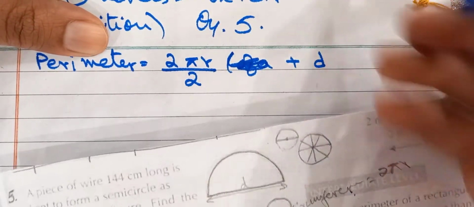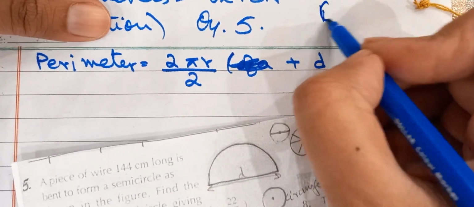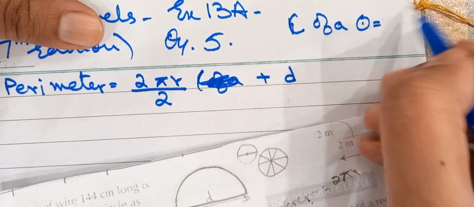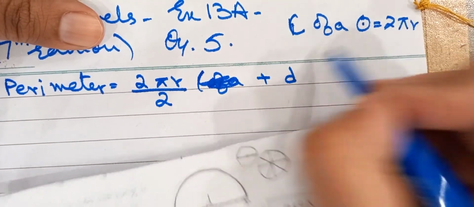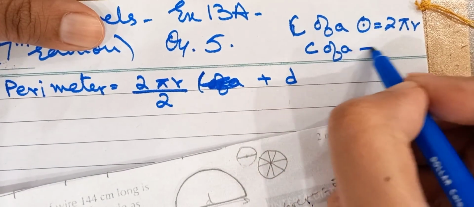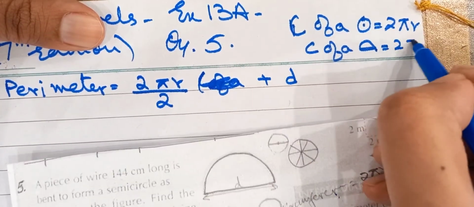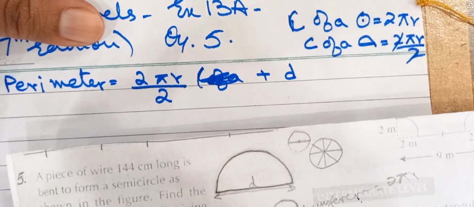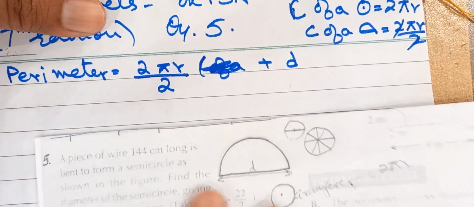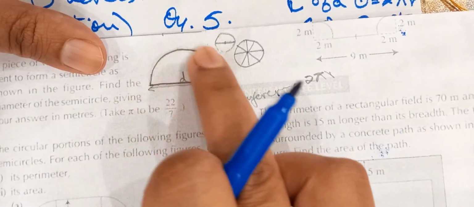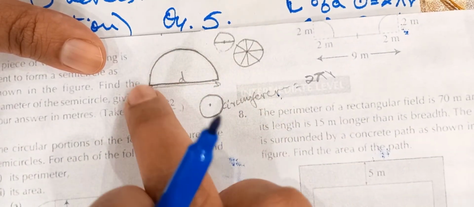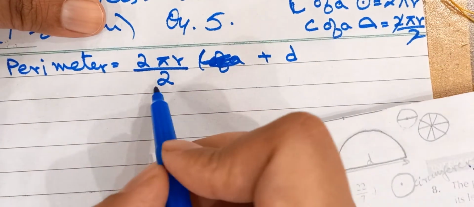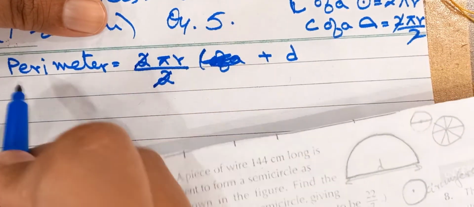The circumference of a circle is equal to 2 pi r, and the circumference of a semicircle is equal to 2 pi r over 2, where the 2 will be crossed out. Here the perimeter is a semicircle plus d. Semicircle plus d. Now this 2 will be crossed out.